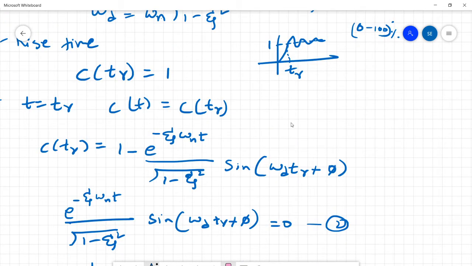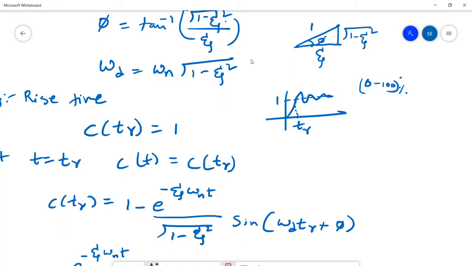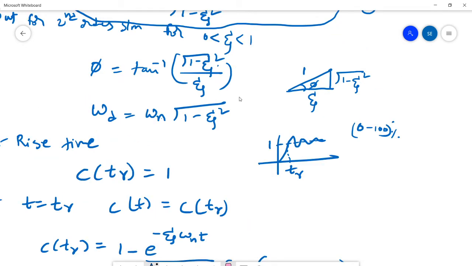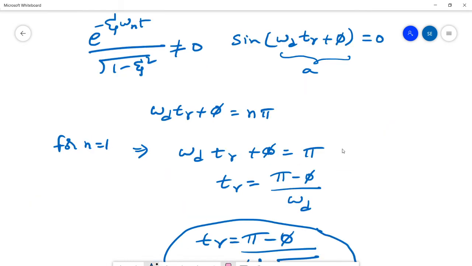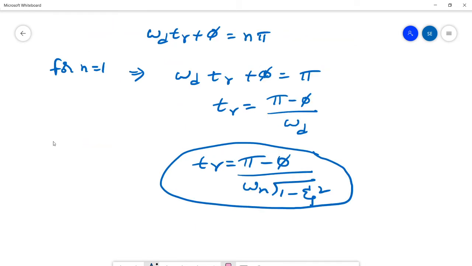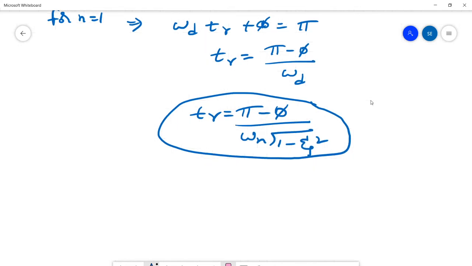See, phi is tan inverse of root of 1 minus zeta square by zeta. We'll substitute phi in Tr. Actually we can leave it as it is, but since we are calculating Tr in terms of omega n and zeta, we substitute phi in terms of zeta.